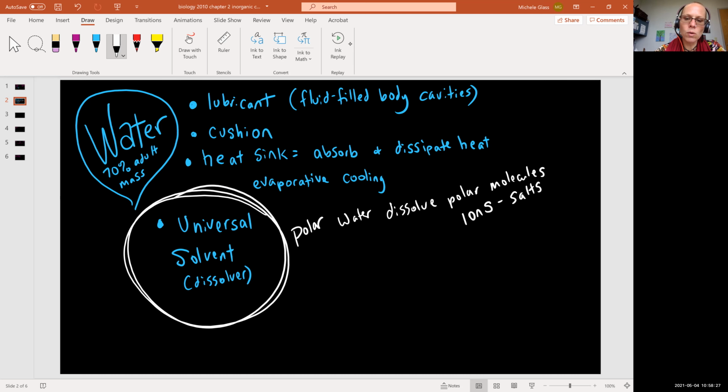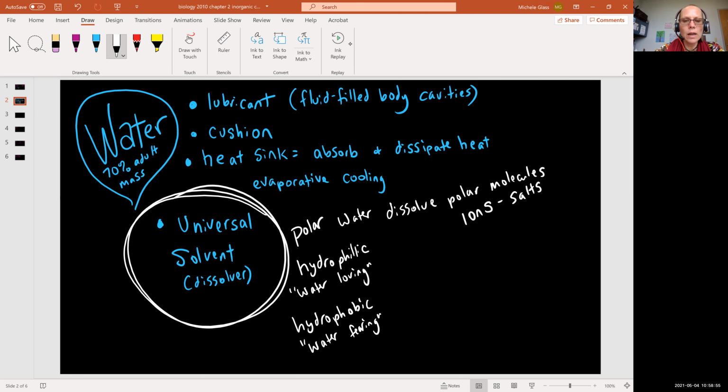When we talk about polar water and water being polar, we're going to use the term hydrophilic to mean water loving. Anything that dissolves well in water, we can call hydrophilic. The opposite of this would be hydrophobic, which would be like water-fearing.